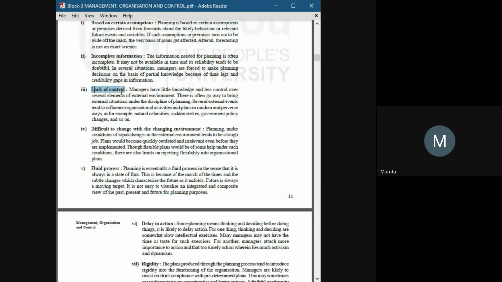Lack of control. Anyone in the organization does not have control over the external environment of an organization. We have two types of environment in an organization: the internal environment and the external environment. In the internal environment, we have the CEO or managers of the company and the customers of our company.